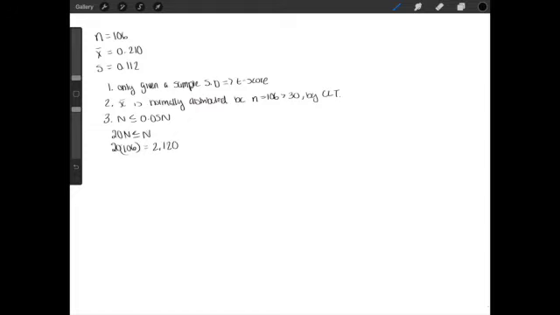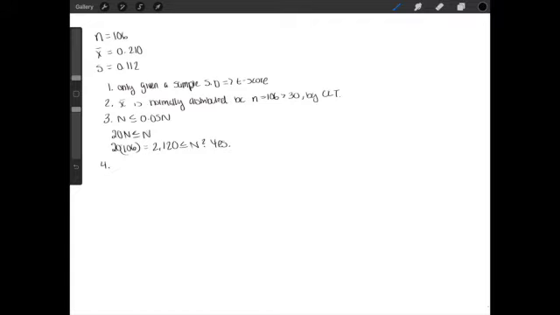Now we need to check if 2,120 is less than or equal to N. The answer is yes, because there are more than 2,120 yellowfin tuna in Hawaii.